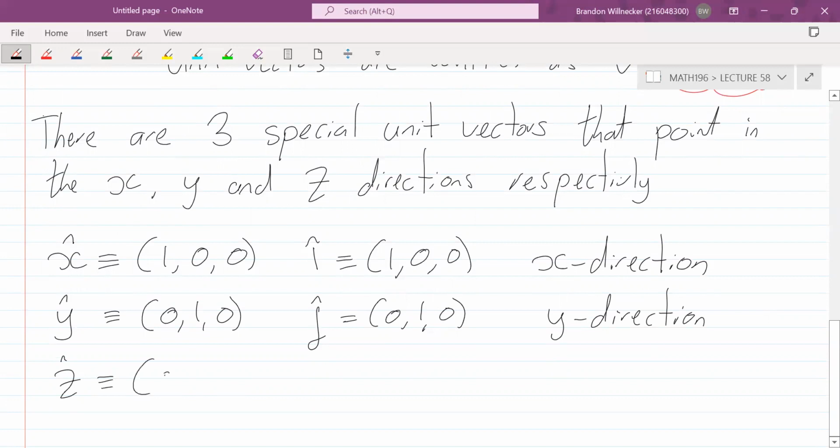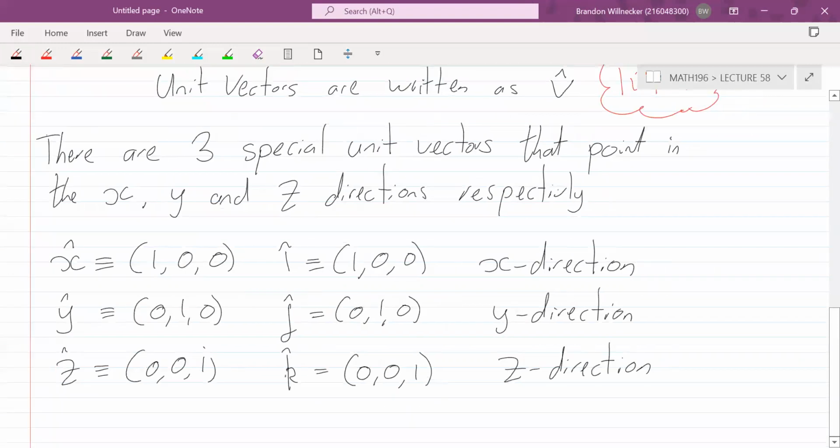That's going to be 0, 0, 1 in R3, because you've got X, Y, Z for 3 dimensions, or we call it K hat, and that is 0, 0, 1. This is for the Z direction. So these are the 3 special unit vectors that we have special names for.